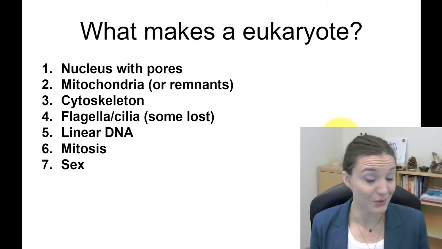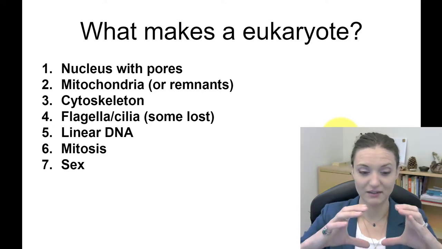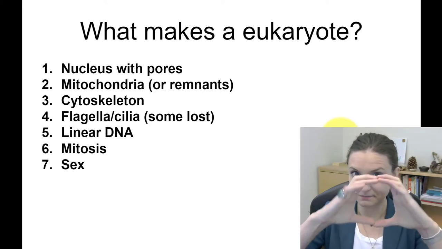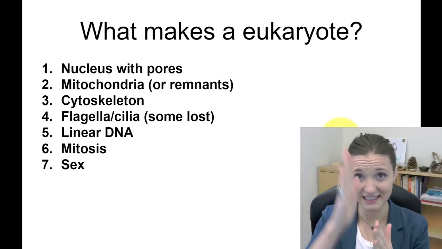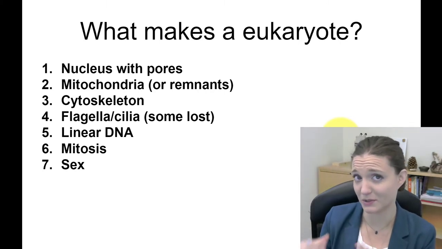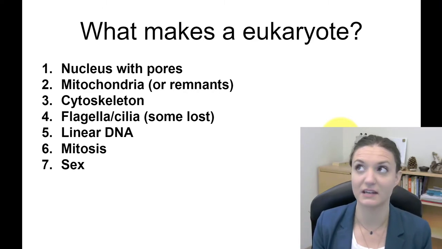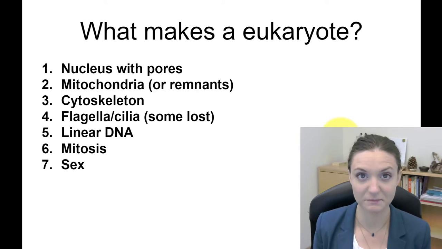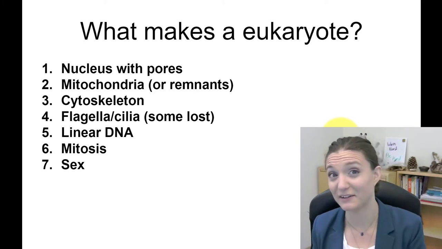Eukaryotes have linear DNA. So we talked about the DNA of a prokaryote being in a circle, right? Being one circular chromosome. In eukaryotes, now our DNA is in linear strands that we call chromosomes, right? So different shape to our DNA, and eukaryotes tend to have a lot more DNA as well. Eukaryotes reproduce by mitosis as opposed to binary fission.